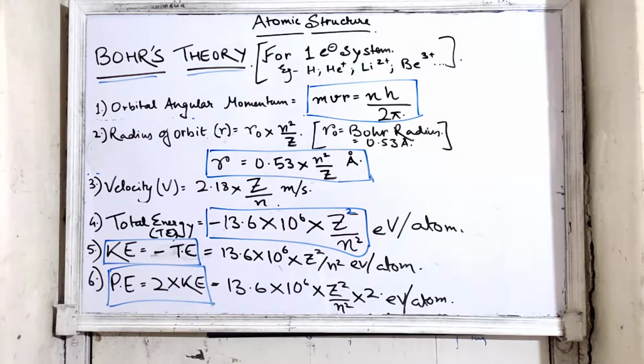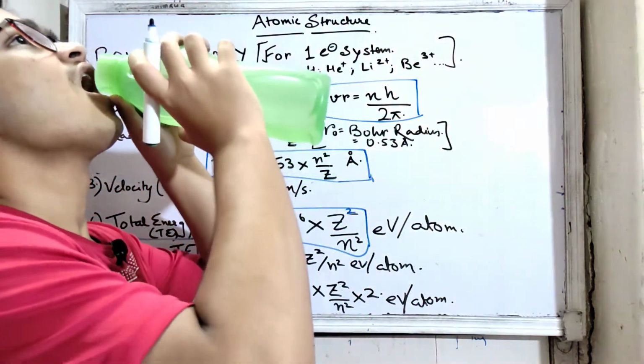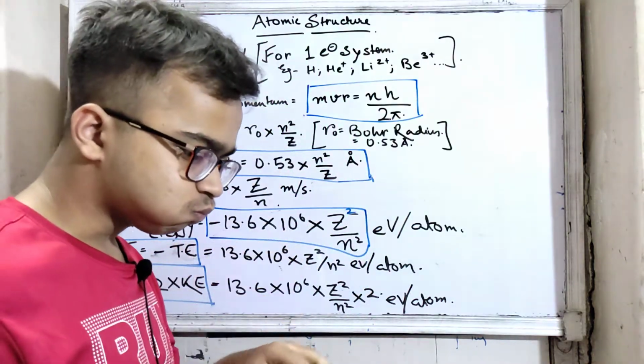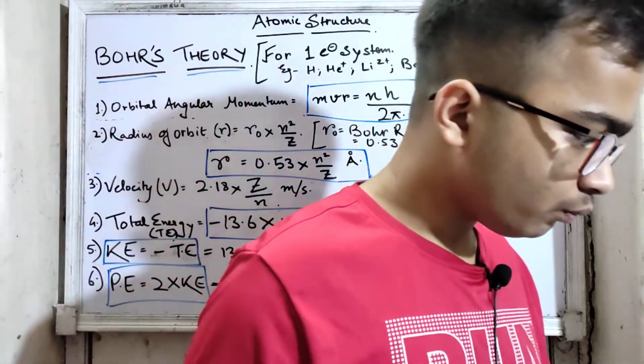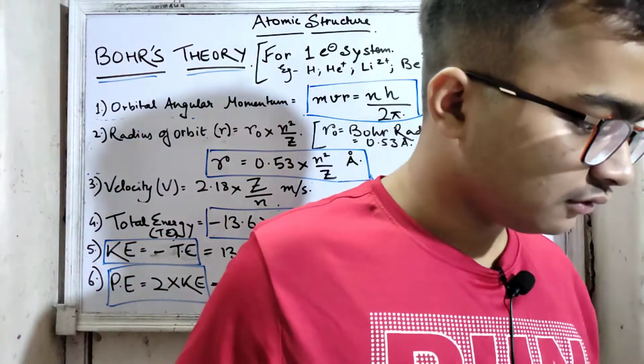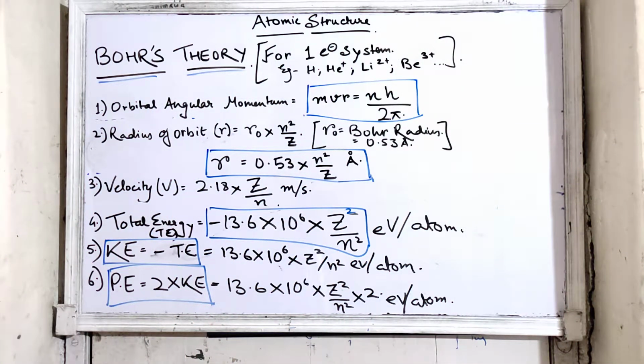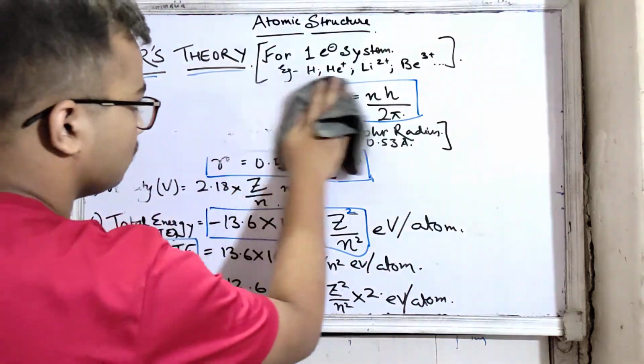Now for this you have to remember that it's only for isoelectronic species or for one electron system. So let's clear it out.